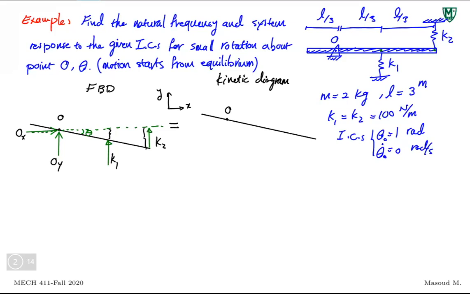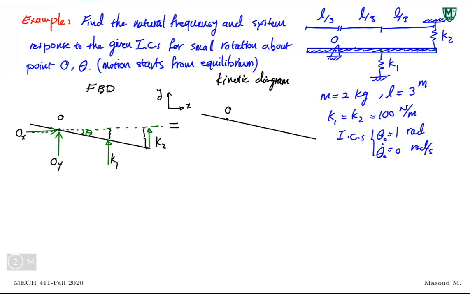The deflection is this amount for this spring, and this amount for this spring. The bar is going down. In this case, I decided about the direction, so this is how much the spring is compressed. K1 is compressed, K2 is stretched. Now to find that, I'm going to look at the geometry and use a little bit of trigonometry.